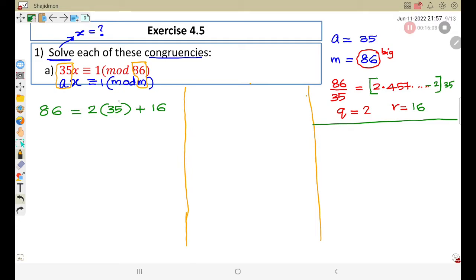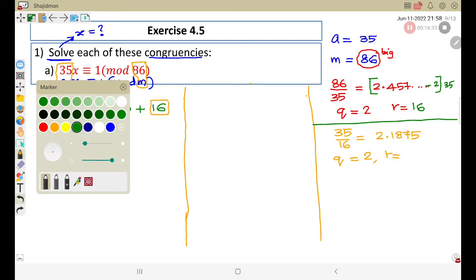Okay, now again we are considering this number 35 and 16 on the side. 35 divided by 16, bigger number divided by small number, you will get 2.1875, this number. So from this quotient, what is the quotient number? 2, correct? What is the remainder number? You can check.